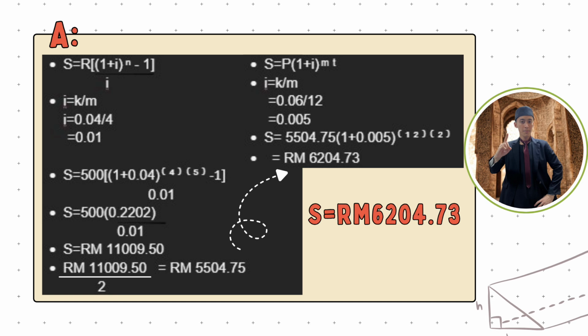The monthly rate is i equals 0.06 divided by 12 and we will get 0.005 and the number of months is m multiplied by t equals 12 multiplied by 2 and we will get 24 months. So we calculate and the final answer will be 6,204 ringgit and 73 cents.